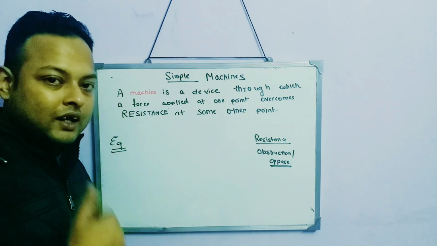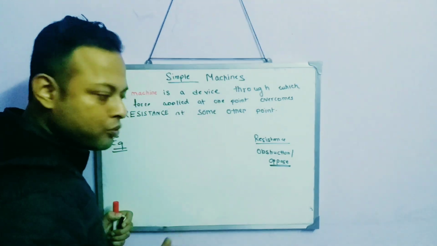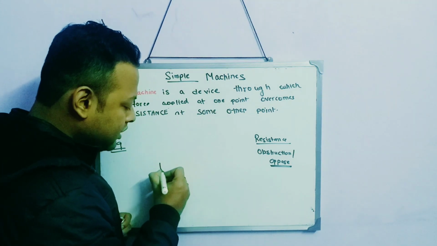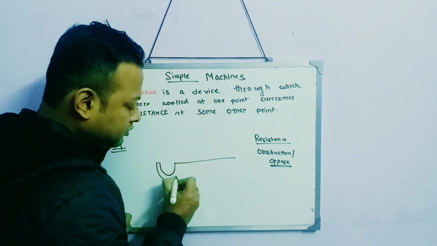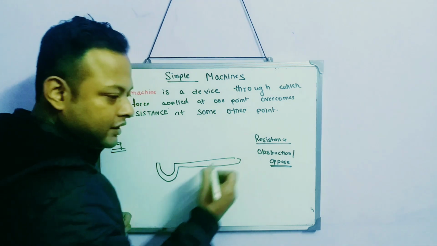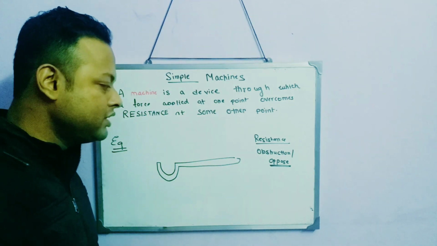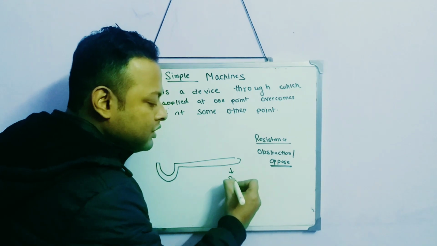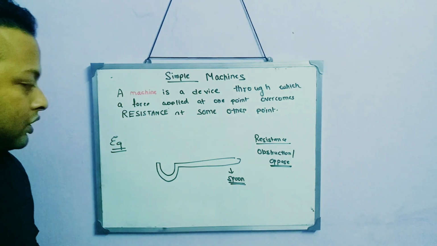Now, watch this example. Suppose I take a spoon. So this is what my spoon looks like. I know this is not exactly what a spoon looks like, but I hope you understand that I am not good at drawing.